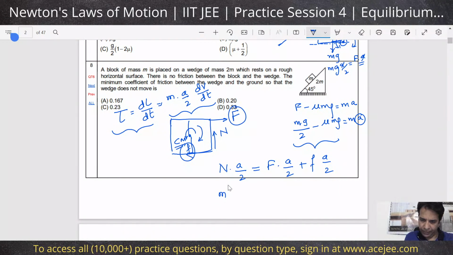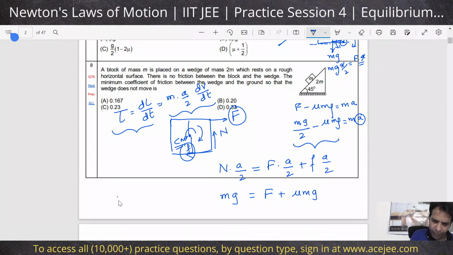So simply, N is equal to mg if I balance the forces in the vertical direction, plus the friction force, which is mu times mg.